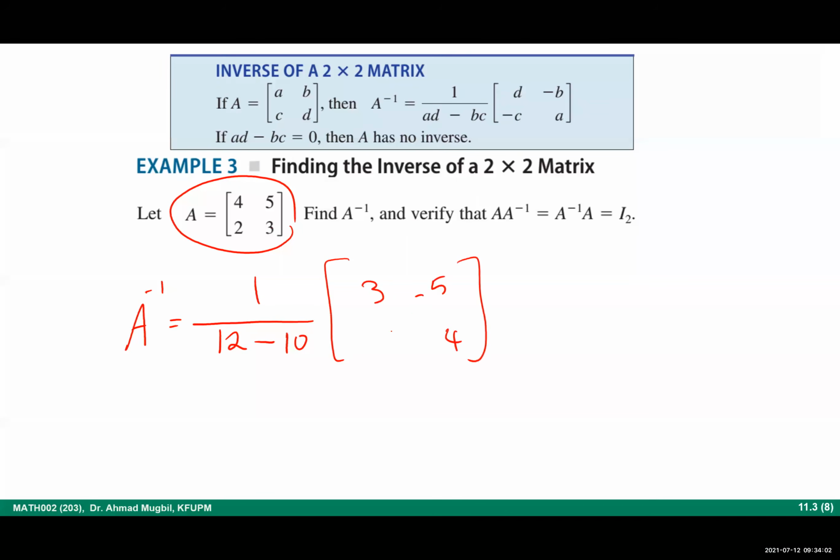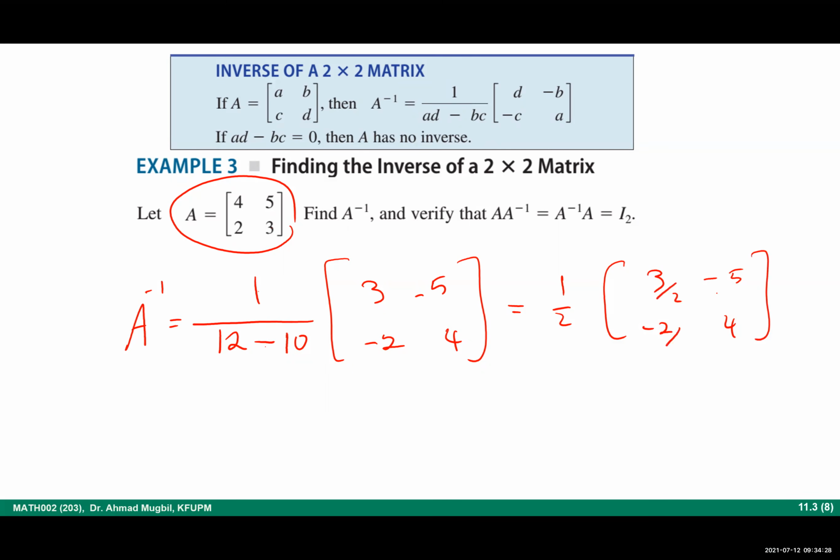And here I will change the negative sign and the positive sign. What is negative will be positive, what is positive will be negative, and they are still, of course, in the same place. Now, this will be what? 12 minus 10, 2. 1 over 2, it will be a half. So we will have here a half times 3, negative 5, and negative 2, 4. You can keep it like that, or you can multiply and put it inside. So you will have here 3 over 2, negative 5 over 2, and here you will have negative 1 and 2 without a half. You can do it like this or this.